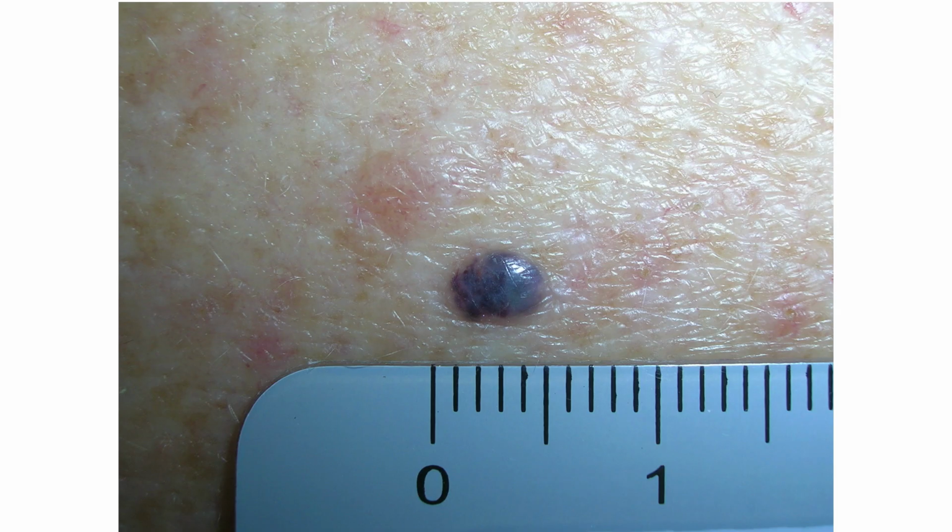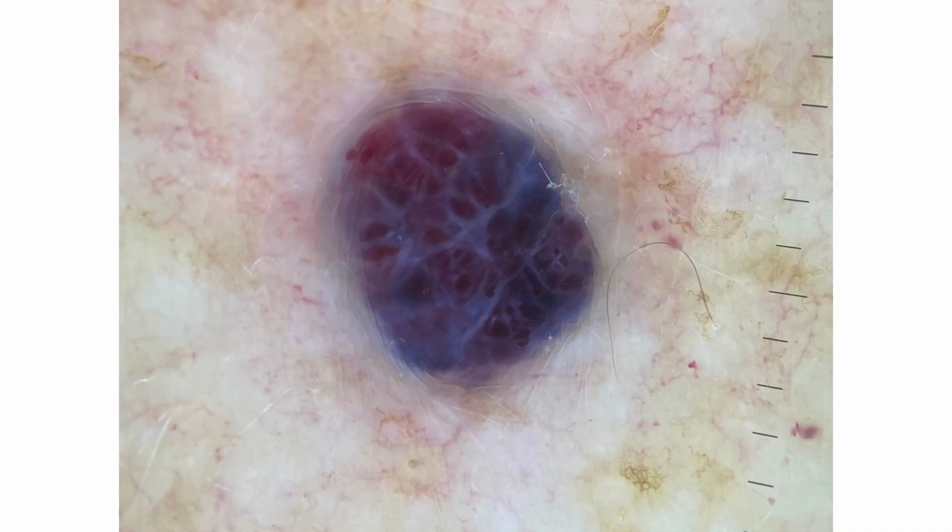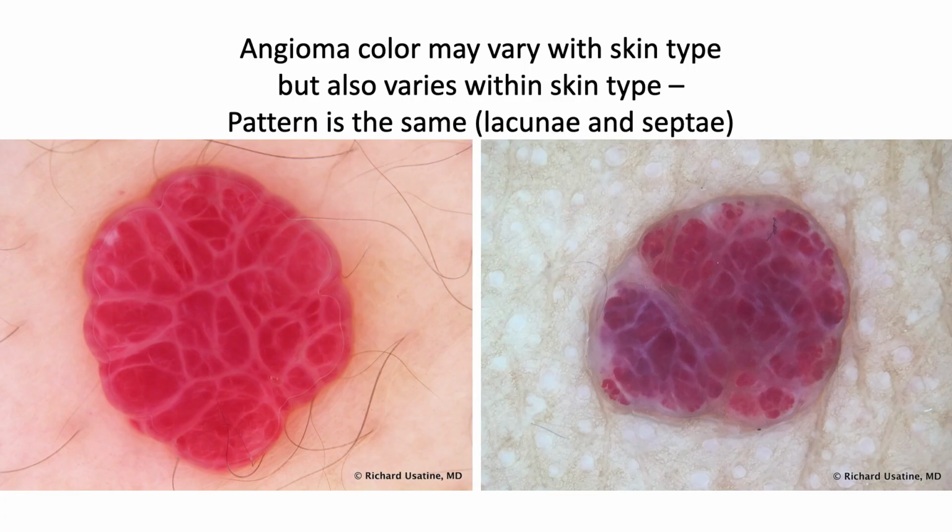Here's this dark lesion on the skin, and let's see what dermoscopy shows us. We still see lacunae and septae, another angioma. Angioma color may vary with skin type, but also varies within skin type. The pattern is the same, lacunae and septae.